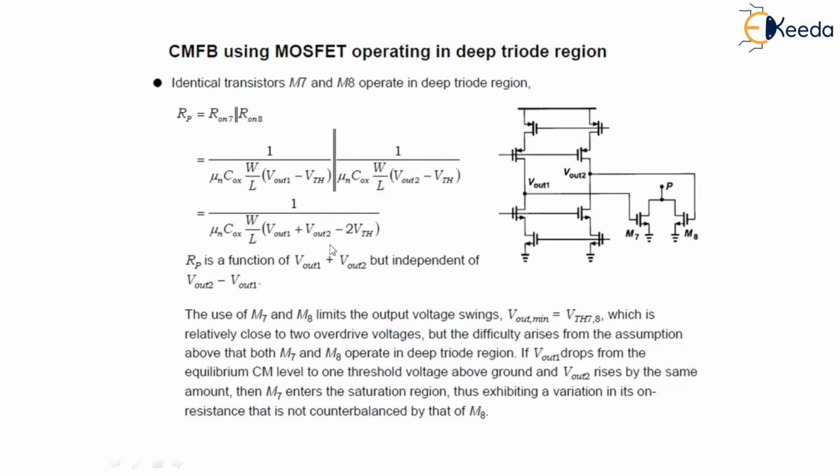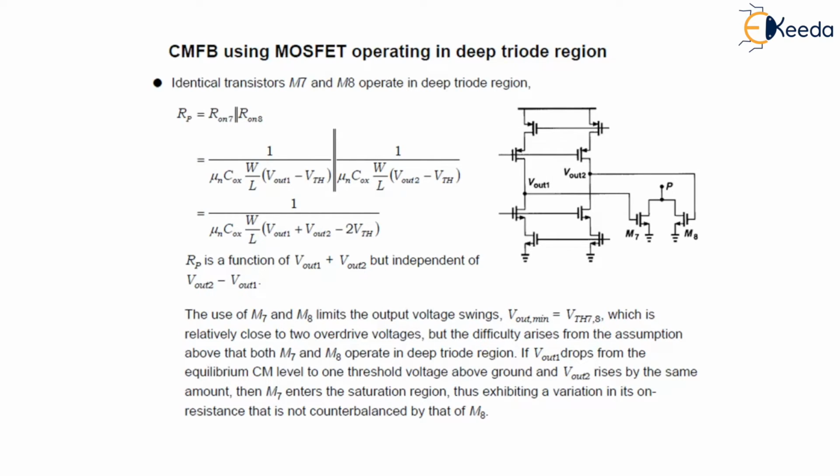The use of M7 and M8 basically limits the output voltage swing, because Vout minimum is given as VTH7,8, which is relatively two overdrive voltages. But the difficulty arises from the assumption that both M7 and M8 operate in the deep triode region.